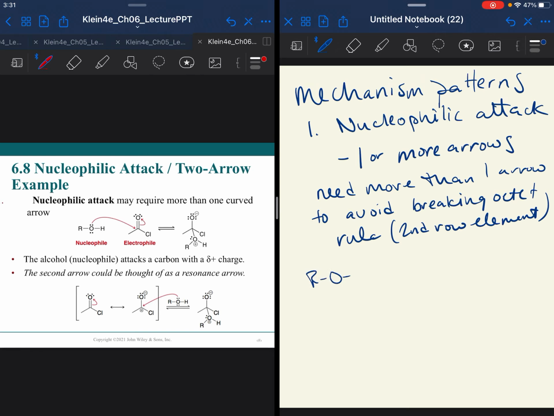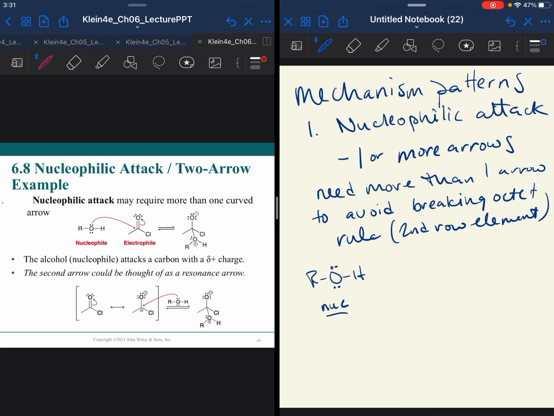So for instance, when we're looking at this next example, there's an alcohol, and these specific reactions you don't need to worry about yet. We're going to look at each specific reaction in its own chapter. For instance, this reaction between an alcohol and an acid halide is actually from chapter 21, I believe. So we're just using it as an example here of this pattern.